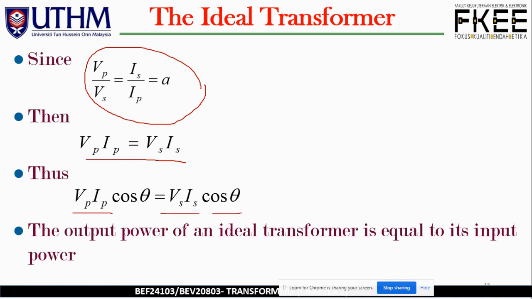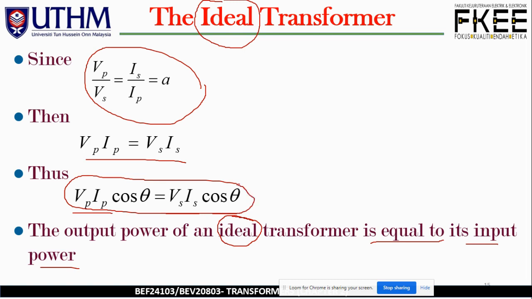So the output power of an ideal transformer, this is the key word, remember we are still analyzing under the subtopic of ideal transformer, is equal to its input power. So this is proven in our analysis here.